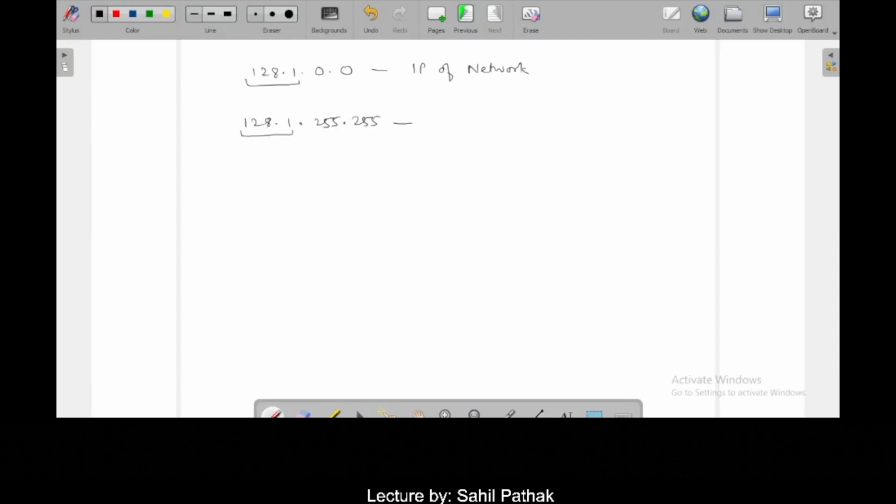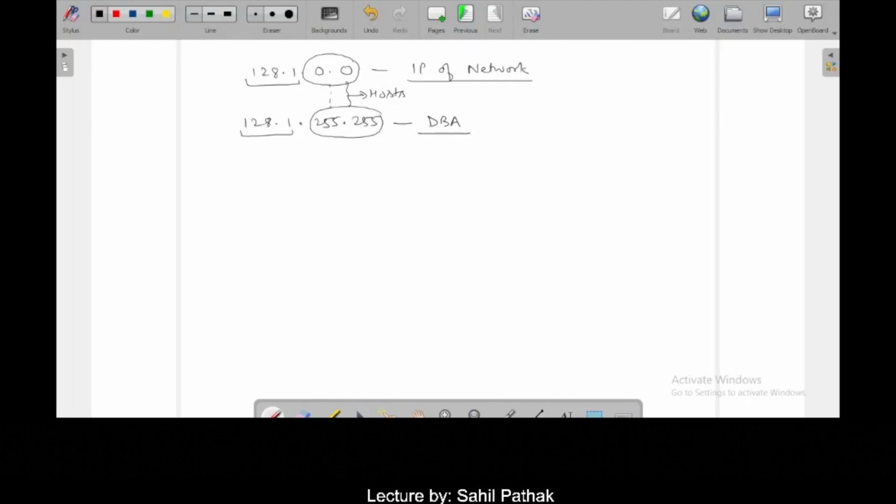This would be the directed broadcasting address, and in between these will be your hosts. Okay, so one thing that you can see is that if all host part bits are 0, then that would be the IP address of the network, and if all host part bits are 1, then that would be a broadcast address.